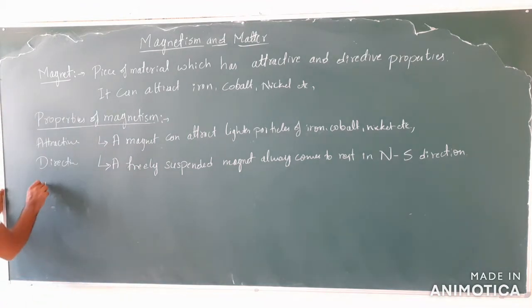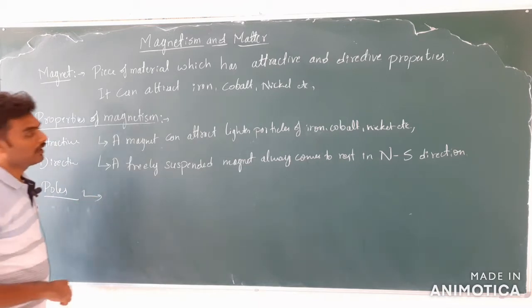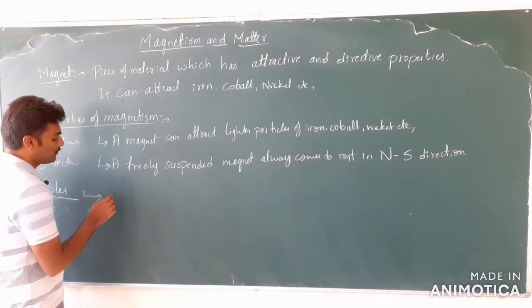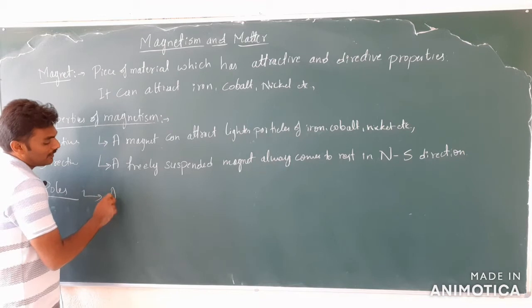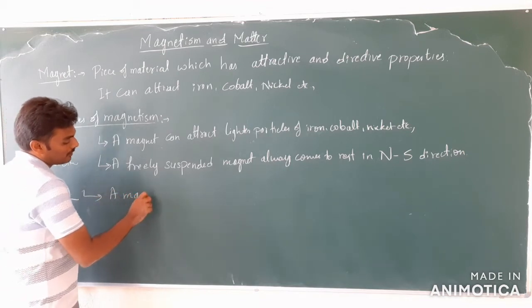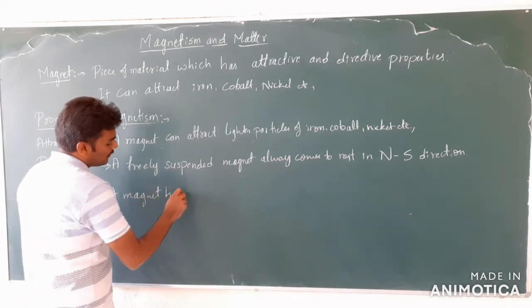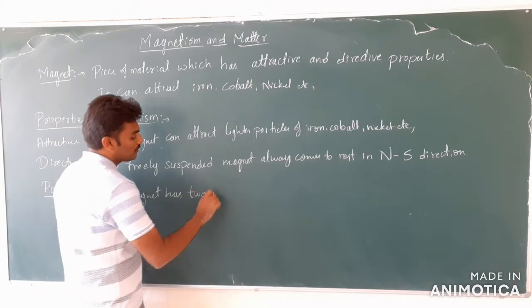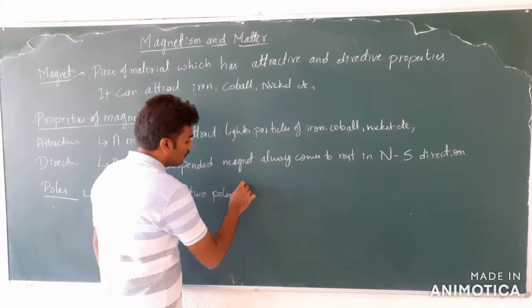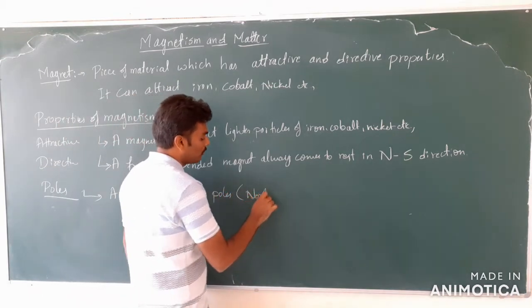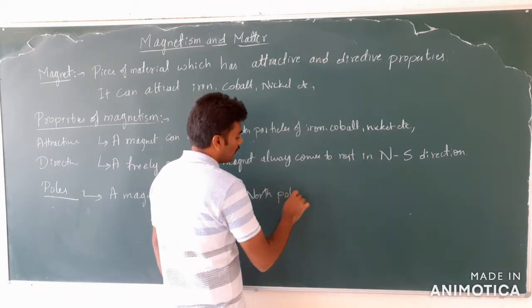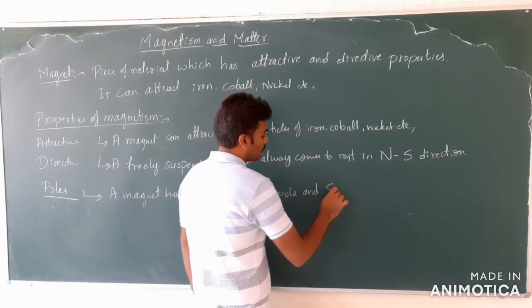Next, moving ahead, we have a few properties regarding poles of the magnet. First property, a very important one, is a magnet has two poles. Okay, which are those? North pole and south pole.